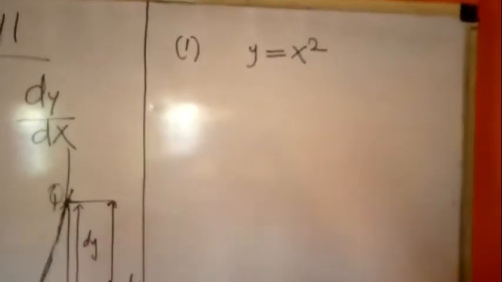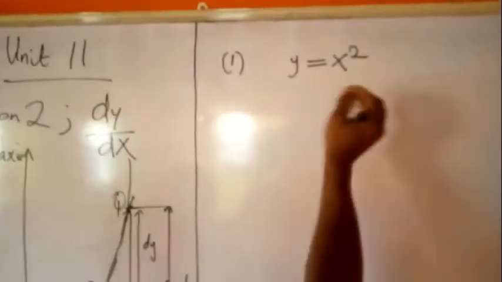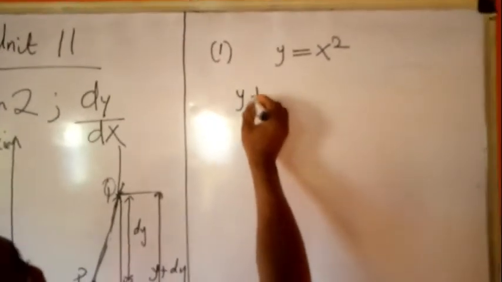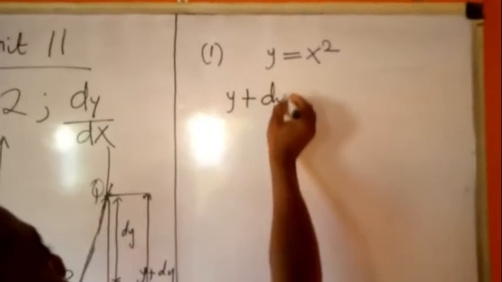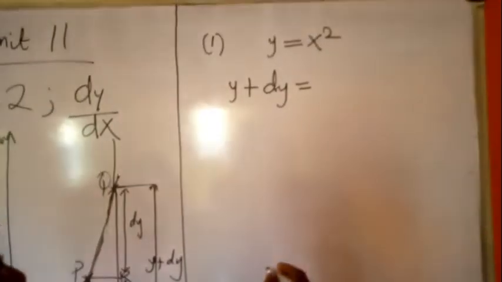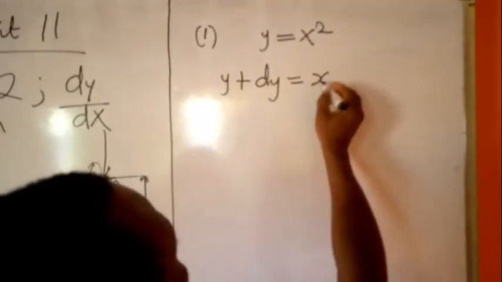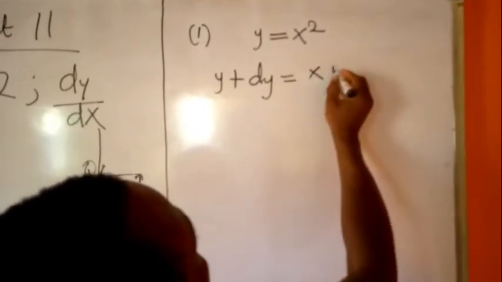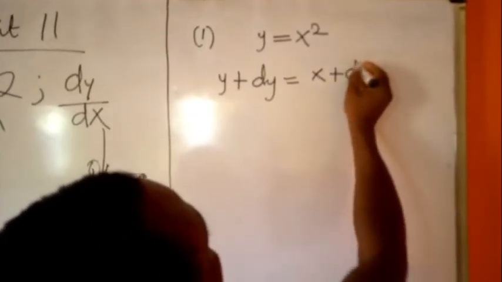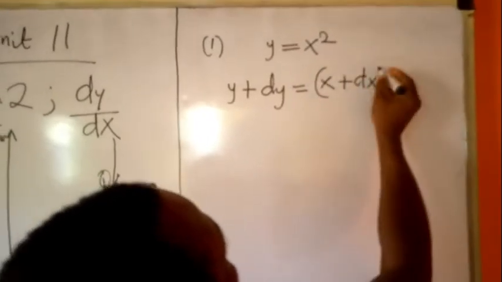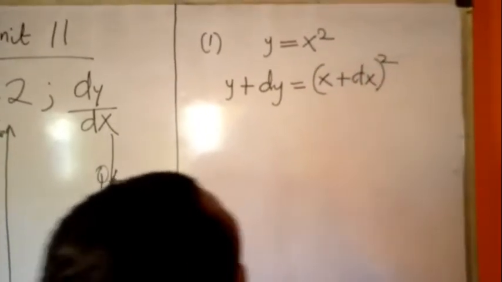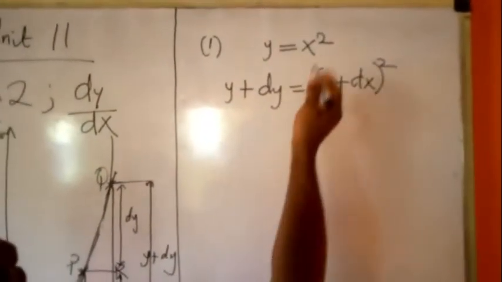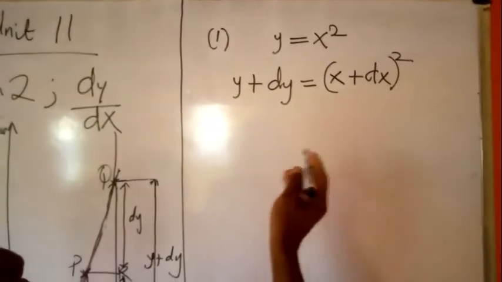So you will discover that in solving this equation, what you have now is y plus dy is equal to x plus dx all squared. So you now have just the same way that you have been working.